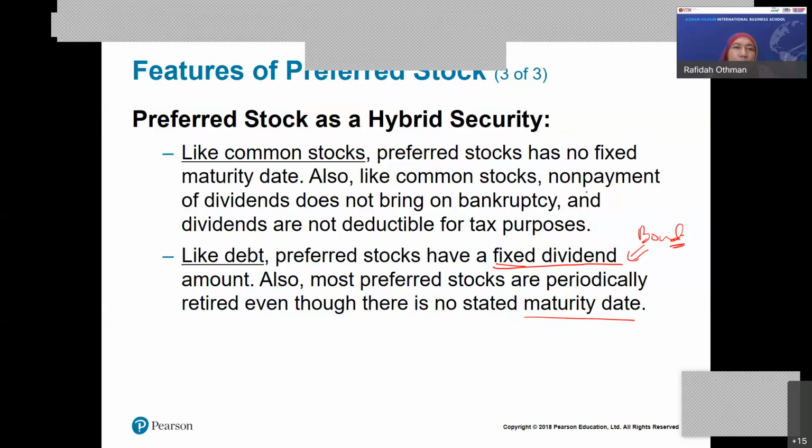What replicates the common stock is that they have a dividend, which is similar to common stock. And they also have no fixed maturity, similar to the common stockholder.